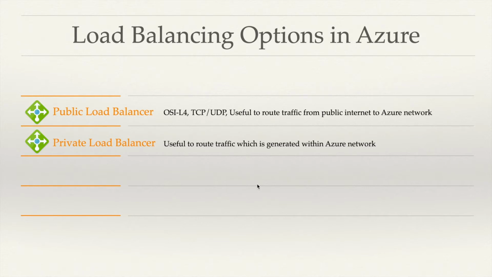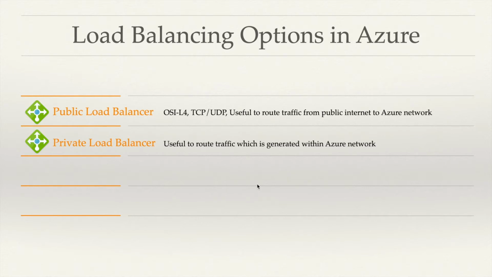Considering a scenario, let's say I have a virtual network with three different subnets. One is my web subnet, then I have a services subnet, and finally I have the third subnet, which is the database subnet or the data subnet.